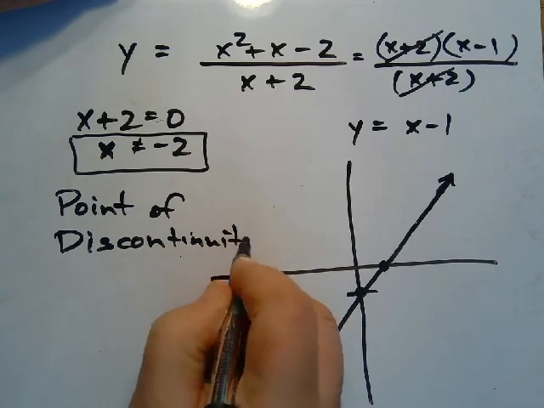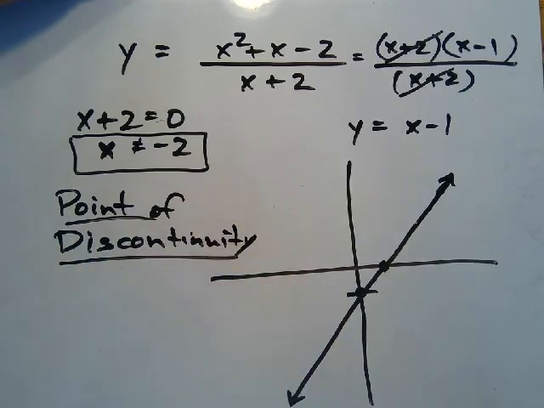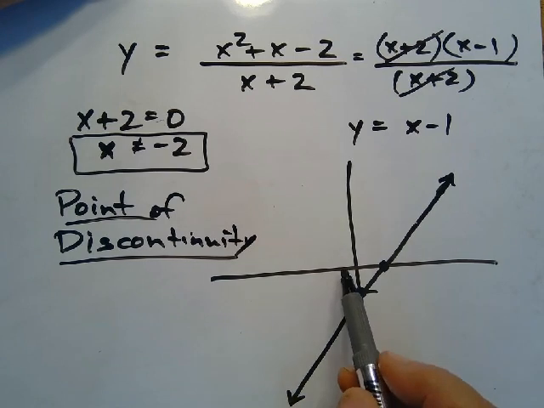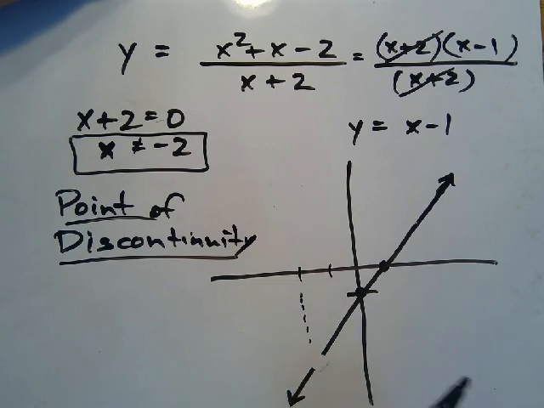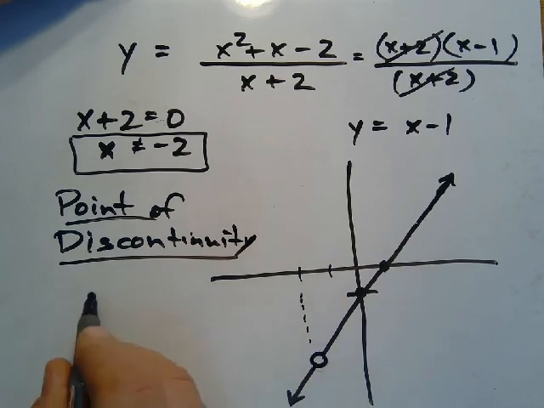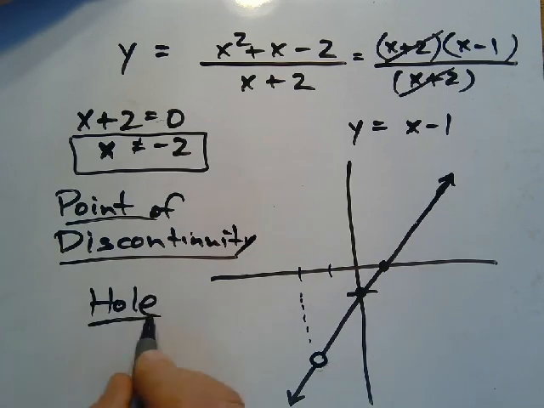Discontinuity. And that simply means that the graph is going along and it hits that spot and it's interrupted for a moment. And we have a point of discontinuity at -2. So I'm going to go down here to right here and I'm going to put a circle there. This is what we might call a hole, okay?